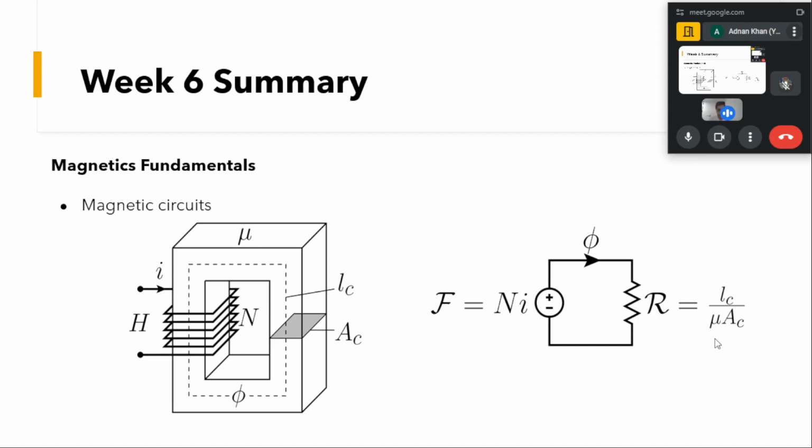Here Lc is the mean length of the core, and Ac is the area of cross section of the core, given by this gray cross section, and mu is the relative permeability of this core. The higher the value of mu, the lower will be the reluctance.